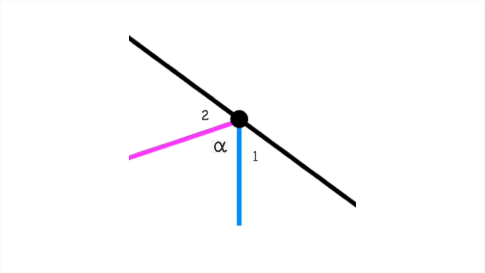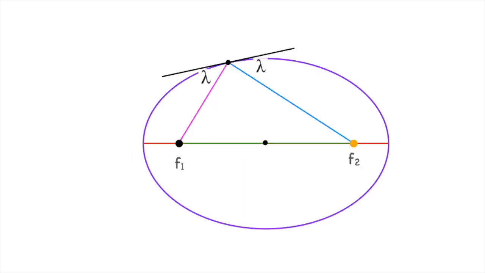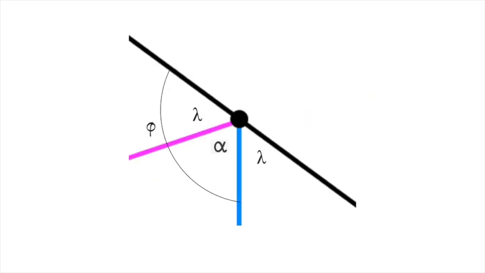Let's label them both lambda. This property holds true regardless of the point at which one draws the tangent. Once again, I am showing you angle phi. Obviously, phi equals alpha plus lambda.